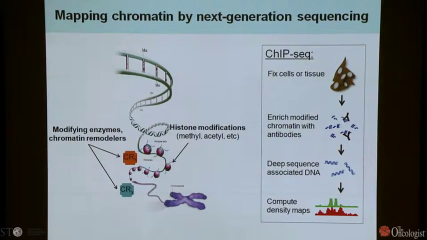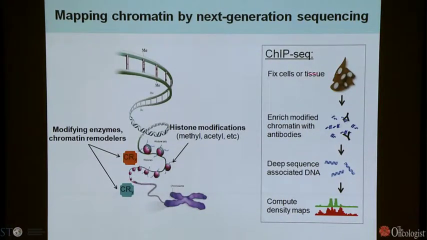There are enzymes in chromatin that either modify these tails or remodel chromatin or bind to these tails. So we've developed technologies to achieve systematic, genome-wide views of the modifications on these histone tails across all the sequences in a human cell.